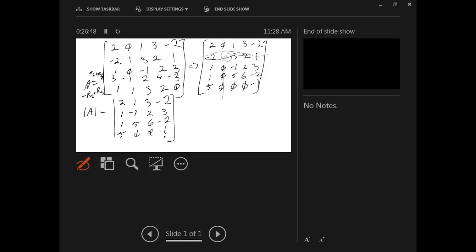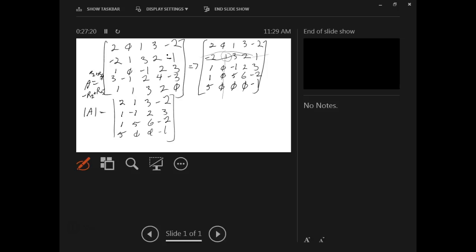New fourth row is 1, 0, 5, 6, negative 4. Okay. Let me go back and check my original. 2, 0, 1, 3, negative 2, negative 2, 1, 3, 2. Ah! That's a negative 1.